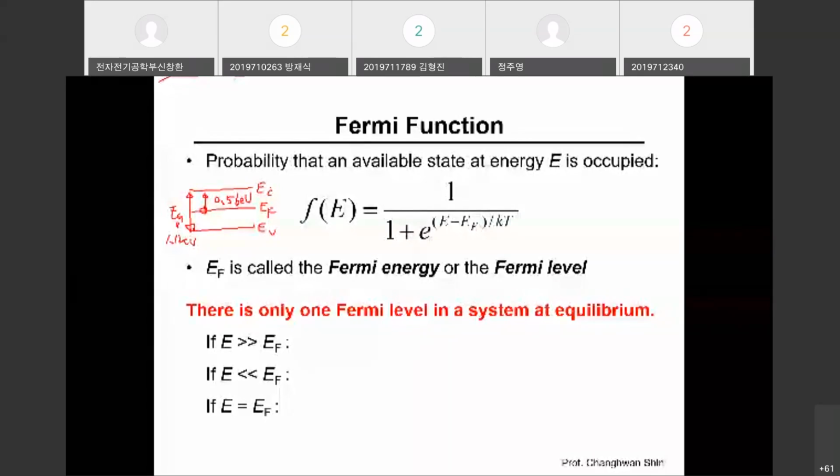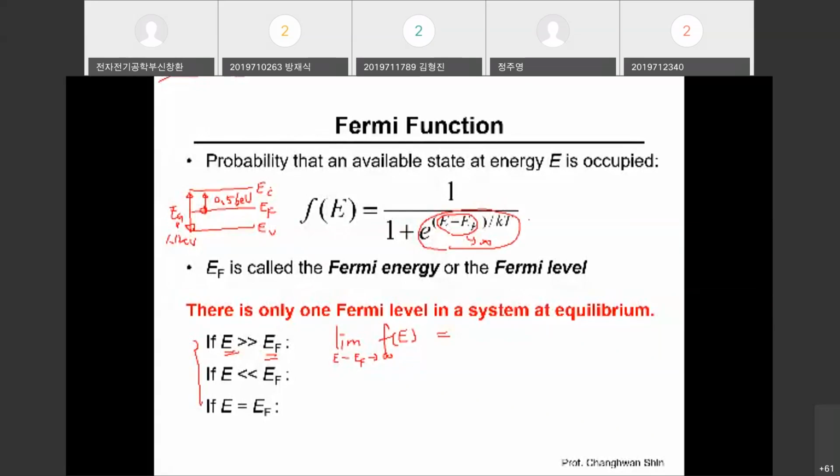Okay, now let's finish the leftover in this slide. Once E is much greater than E sub F, in other words, E minus E F is approaching infinity, what is the value of F of E under this condition? Well, E minus E sub F going to plus infinity, then this exponential approaches plus infinity, and 1 over infinity means 0.